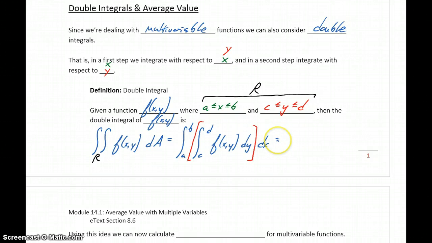What we can point out, though, is that the order of the integration doesn't matter. Here we're integrating with respect to y first, and then with respect to x. But we could also flip that around and write the integral from c to d of the integral from a to b of f of x y dx dy.